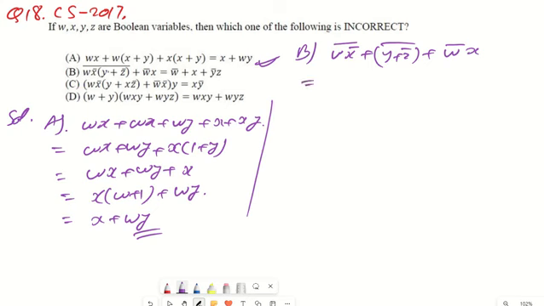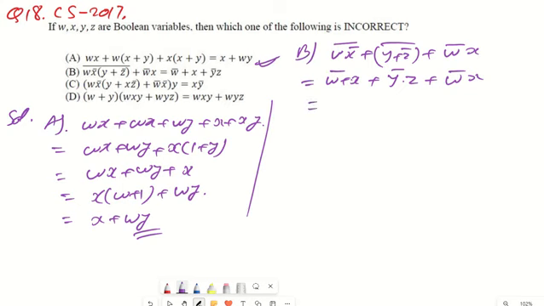Now I can again apply De Morgan's theorem, so that will be w bar plus x, that is going to be x. So w bar plus x, plus this is going to be y bar into z bar, that is z. De Morgan way, right, and then it is having w bar x.